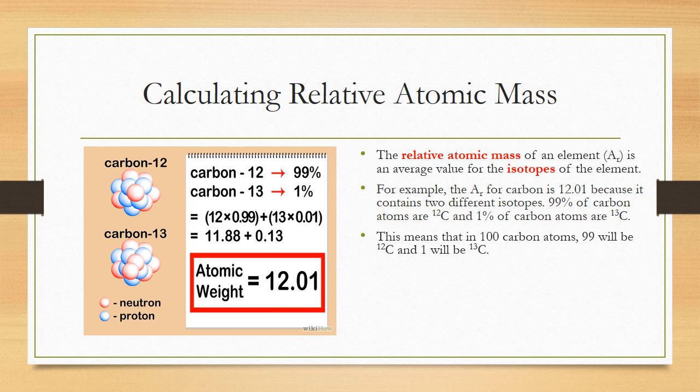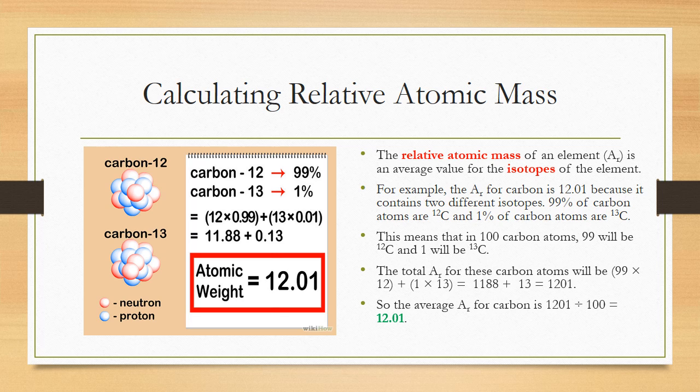That means for every 100 carbon atoms, 99 will be carbon 12, about 1 will be carbon 13, and about 0.1 will be carbon 14. Quite rare. So we just add them up and then divide by 100 to get the average, which is going to be 12.01.